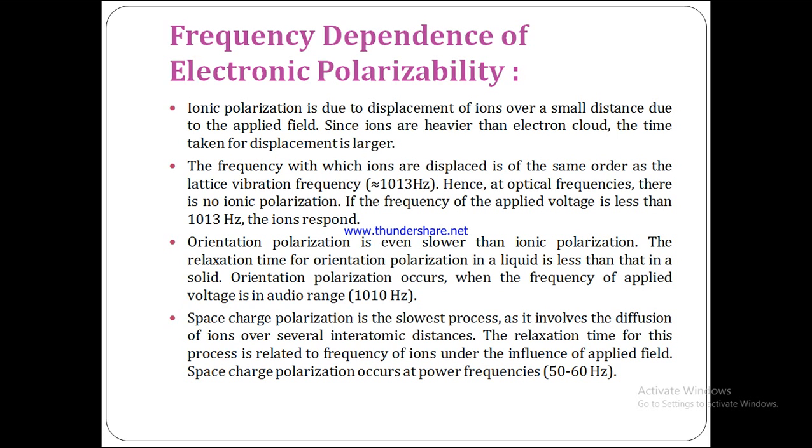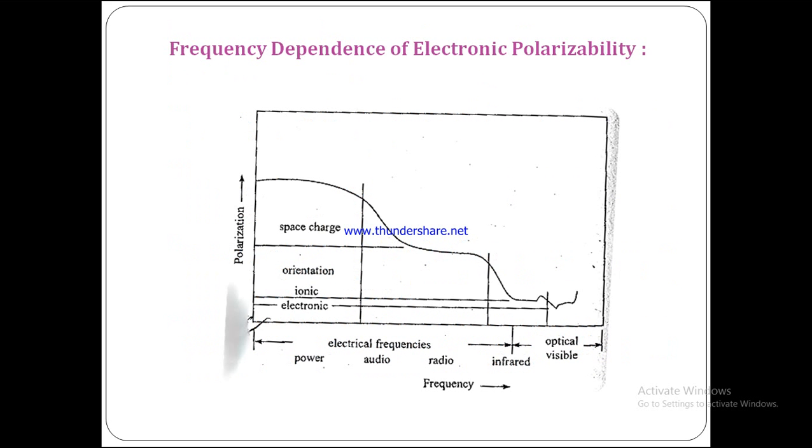Space charge polarization occurs at power frequencies, that should be nothing but 50 to 60 Hz. So this is how the frequency dependence of electronic polarizability works.